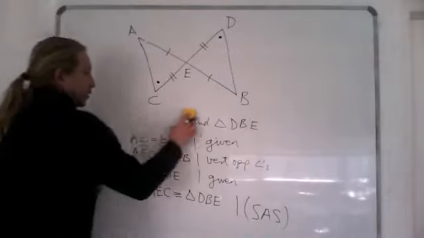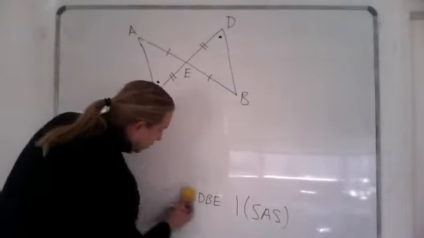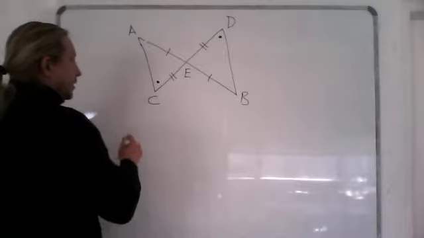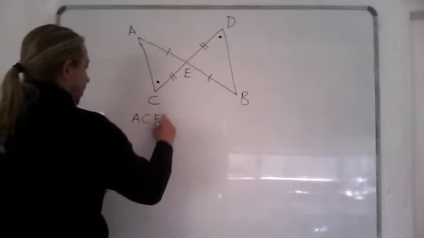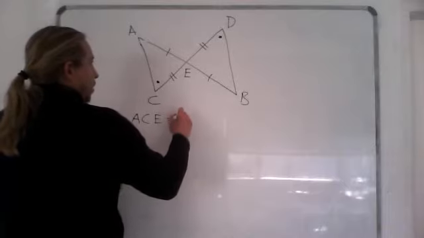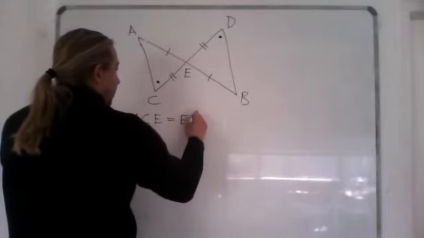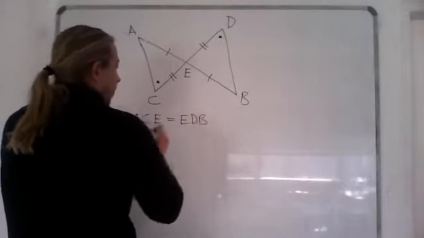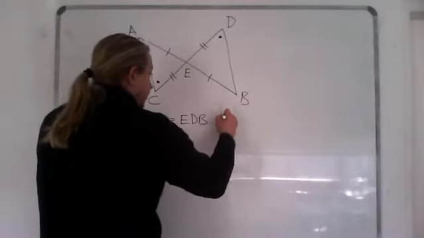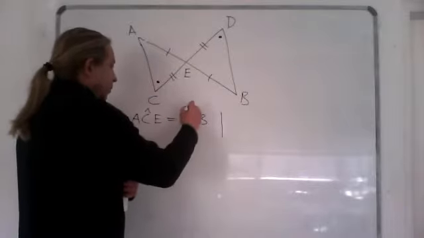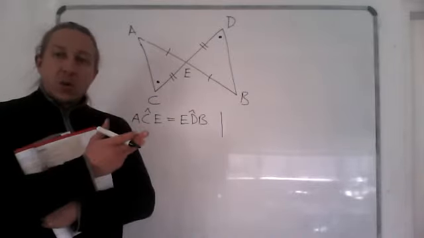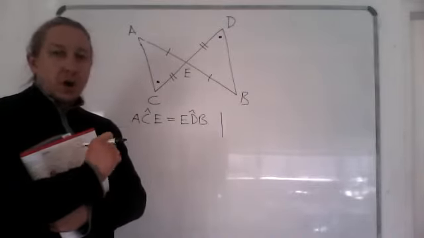Okay, let's state that. Let's say angle ACE equals angle EDB. Okay, why are we saying this? Why are they equal? Well, they are equal because the two triangles are congruent.